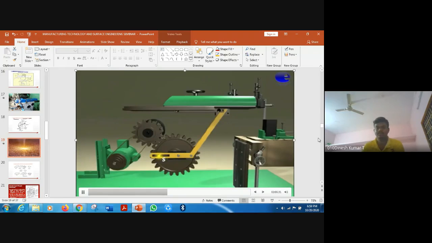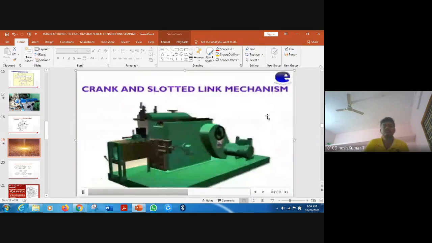When the pinion rotates, the bull gear rotates, and the sliding block slides over the slot provided on the crank plate. The connecting rod converts the rotary motion of the crank plate to reciprocating motion of the ram. Since the crank plate is connected eccentrically, the crank plate rotates with respect to the pivot point.